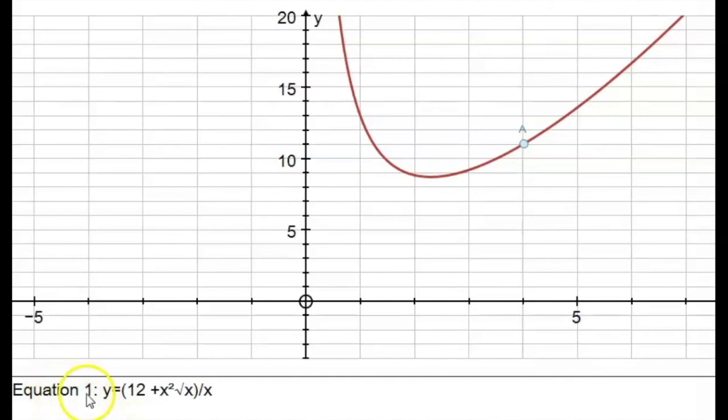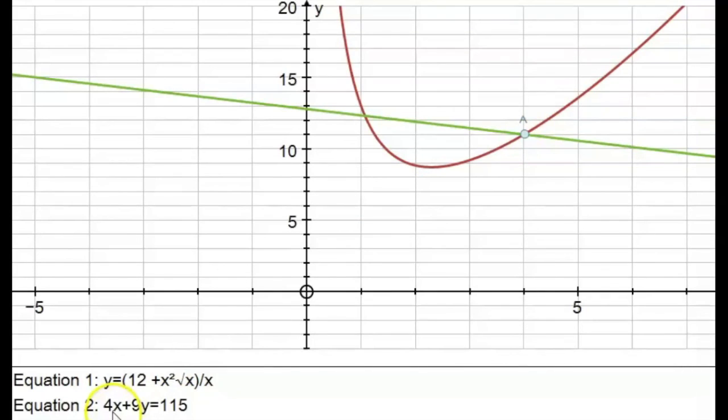We could use Autograph to look at this question. The equation of the curve was y equals (12 plus x squared root x) all over x, and we've sketched the curve. When x is 4, we found that y is 11, so the point (4, 11) is on this curve.